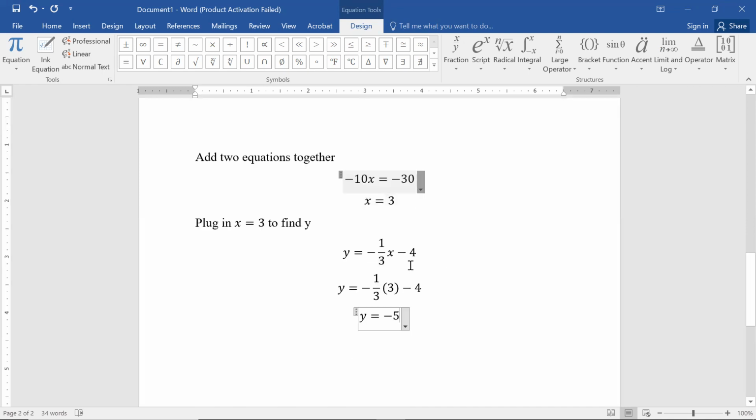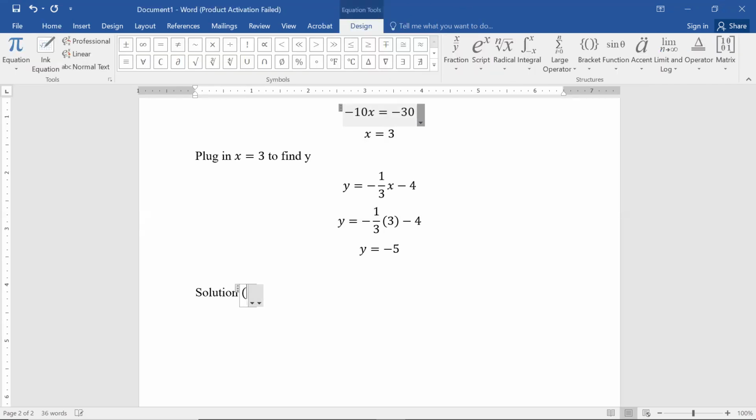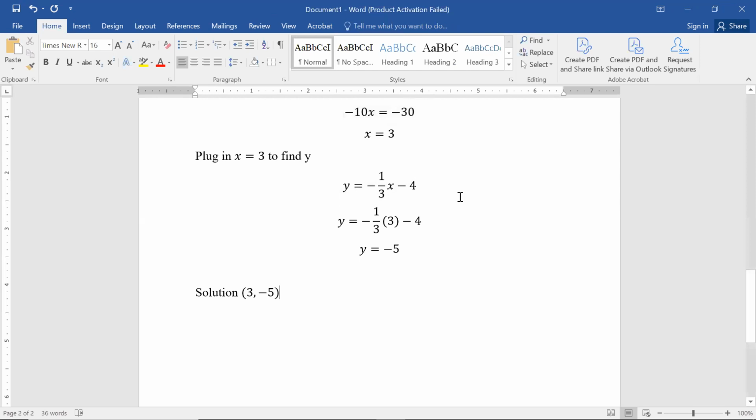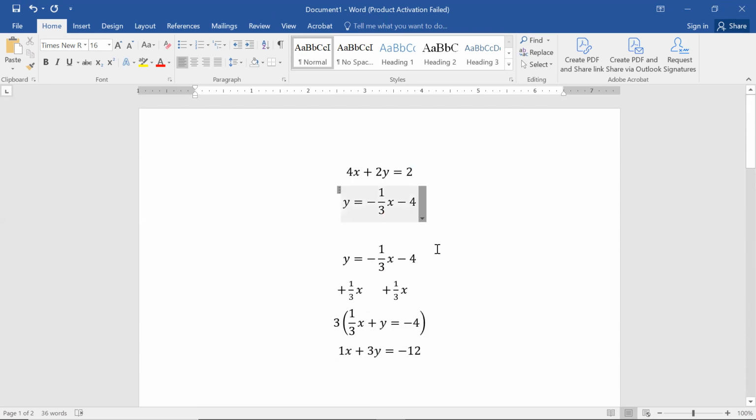If you have any doubt about your solution, you can always check it. But this means my solution is 3, -5. Again, always throw in the x value first. So 3, -5.